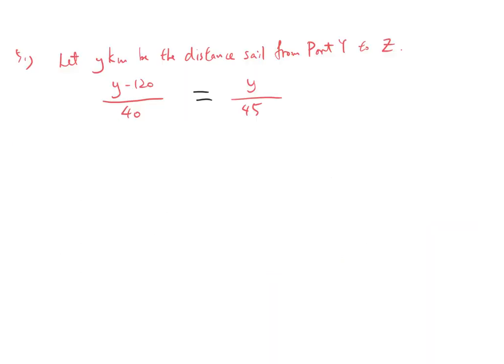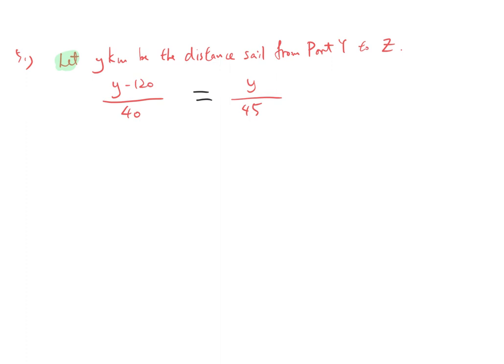Now we have got the equation, so we start to do our question. First we write the 'let' statement, because the unknown y accounts for the distance sailed from port Y to Z. So we've got the equation. Now let's start to solve it. First of all, we use cross multiplication.